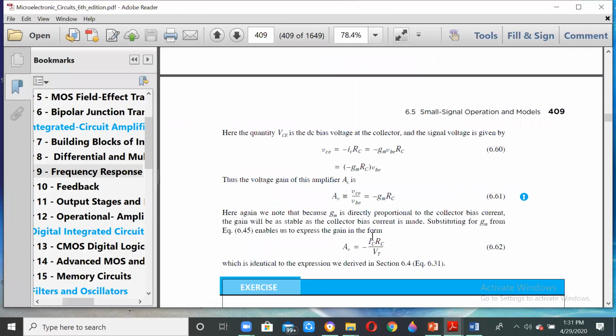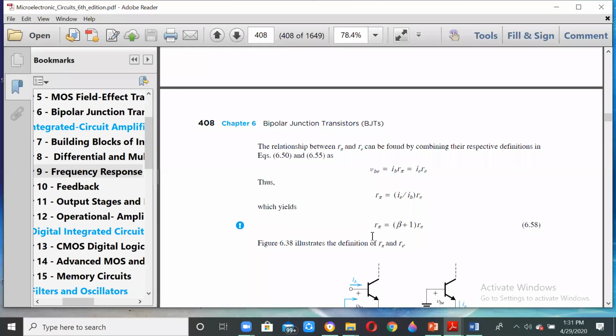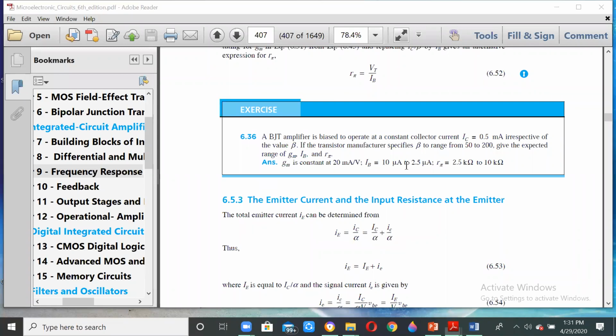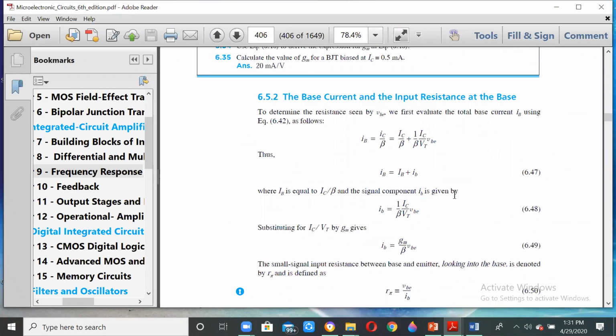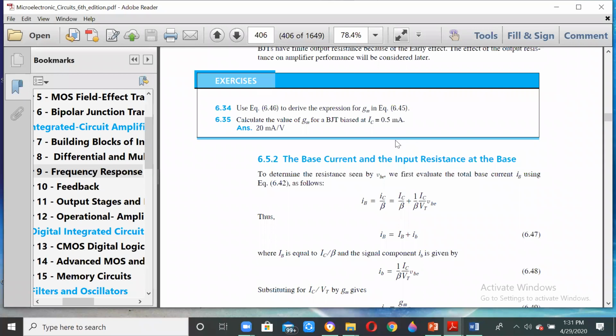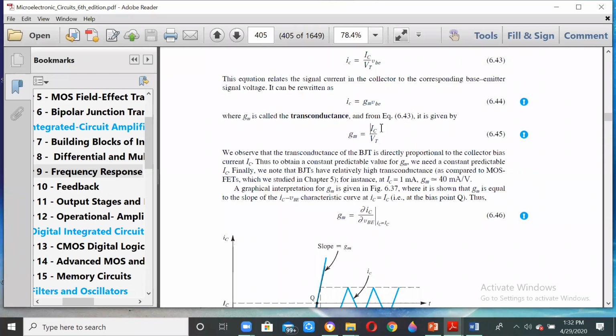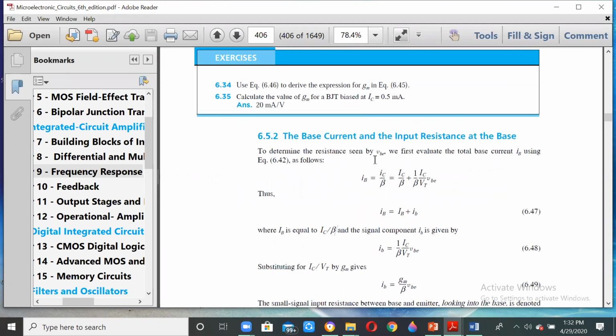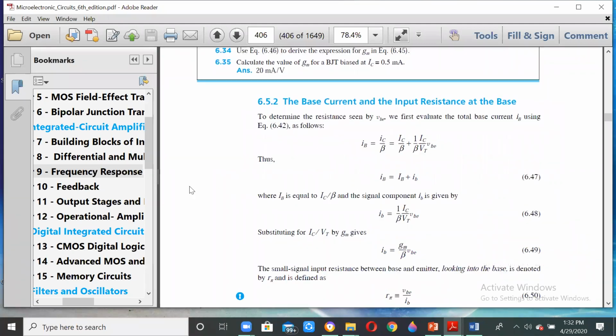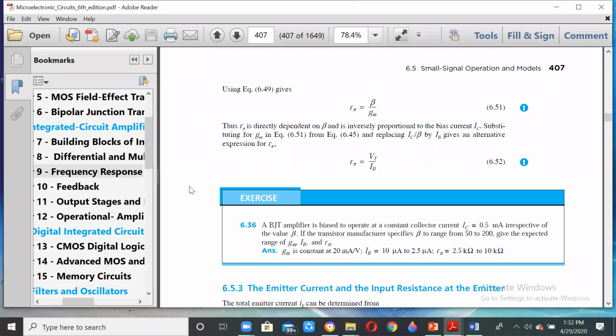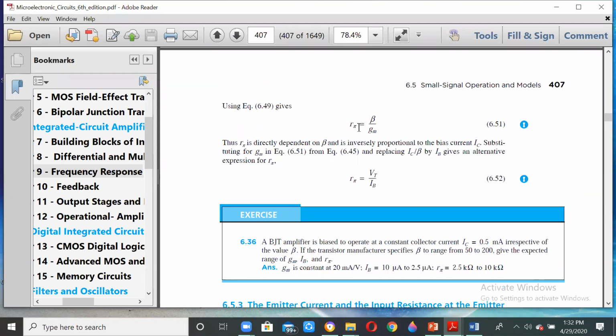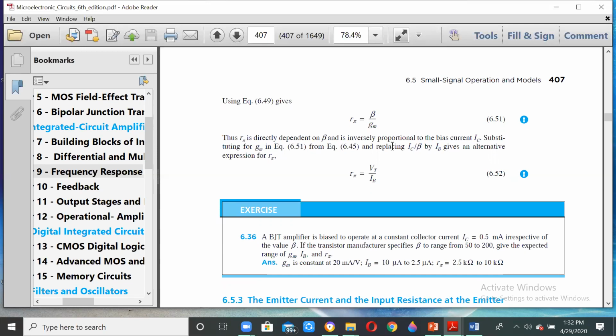So here it is. gm is equal to IC by VT. And then r pi is beta by gm, not re. r pi is beta by gm.